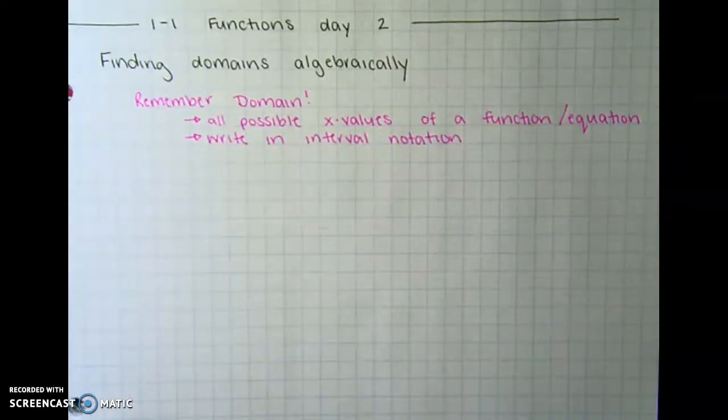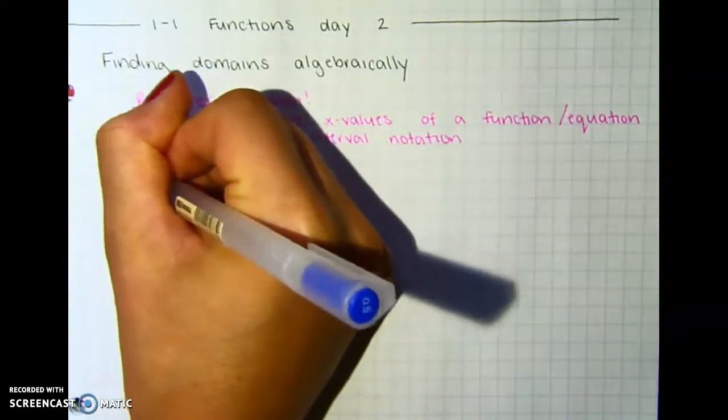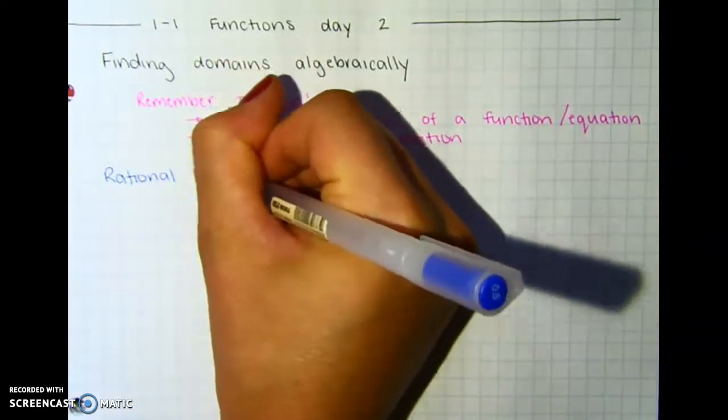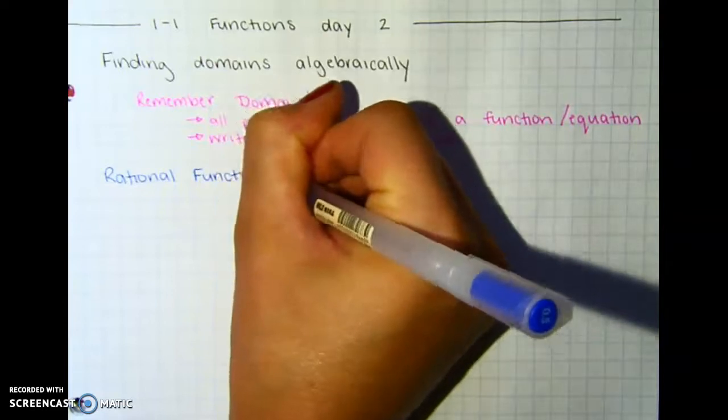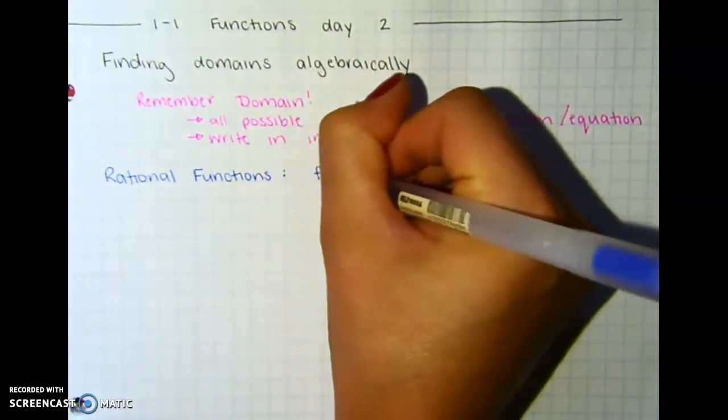So if you remember back in Algebra 2, there are certain functions that have restricted domains. One of those functions you learned about is rational functions. If you forget, a rational function looks like this.